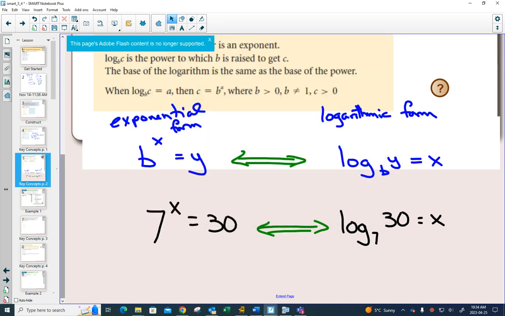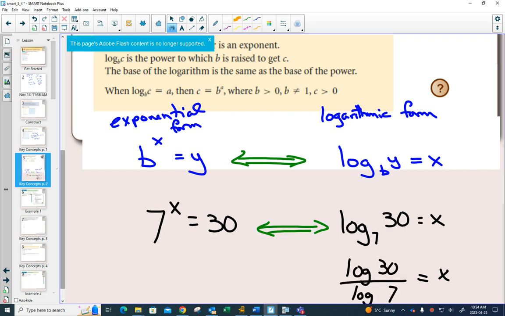If you find that interesting, you could write that here. And when we write log without any base written, it's like there's an invisible base of 10 that's there, but not needed to be written.